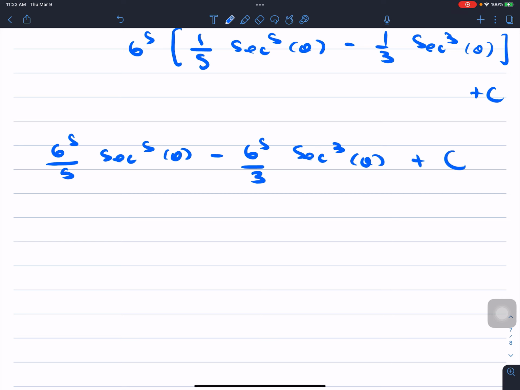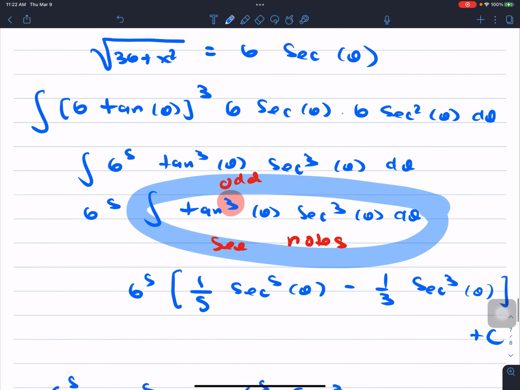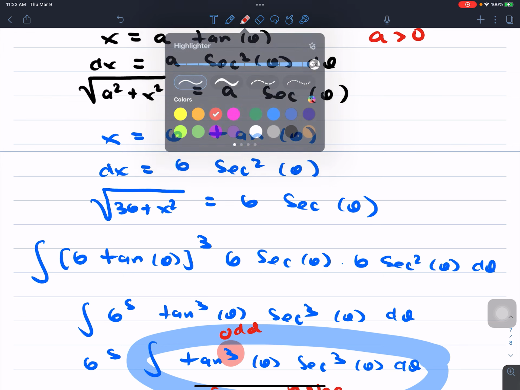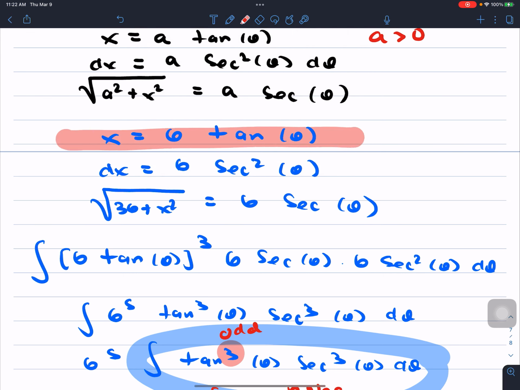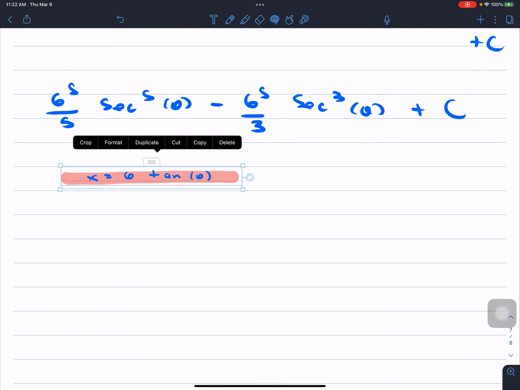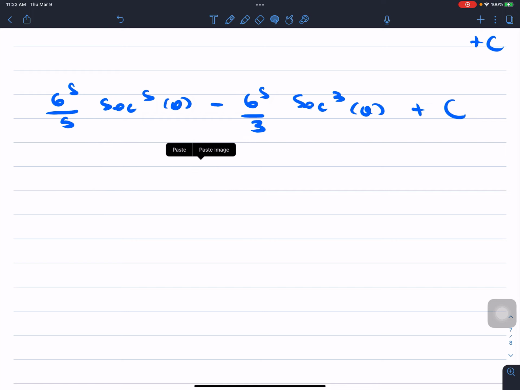Okay, you guys okay with that? But what's the issue with this one again? You got to go back here now. x is 6 tangent theta. We're going to have to paste this.